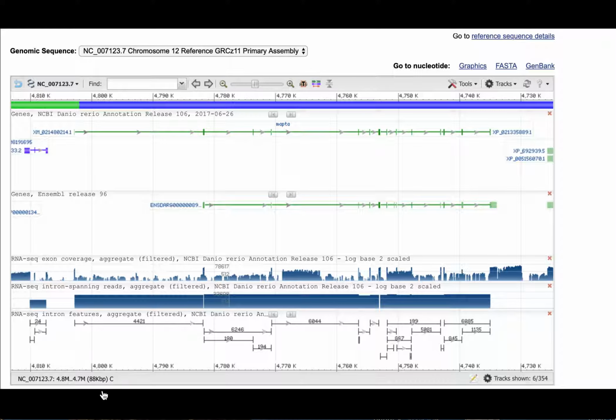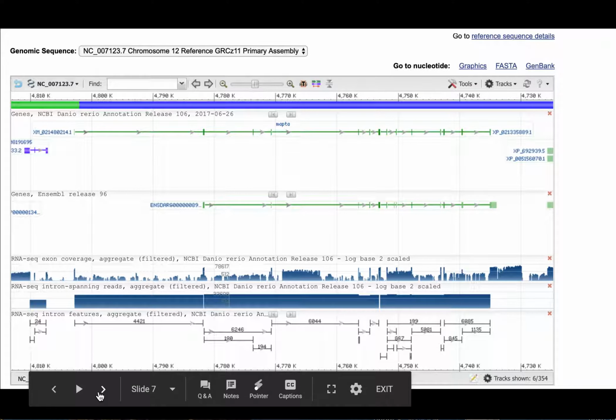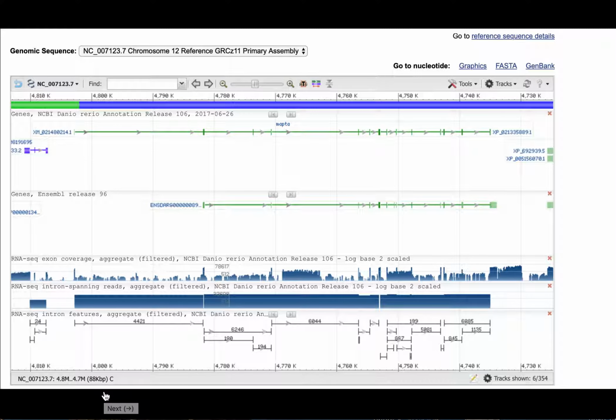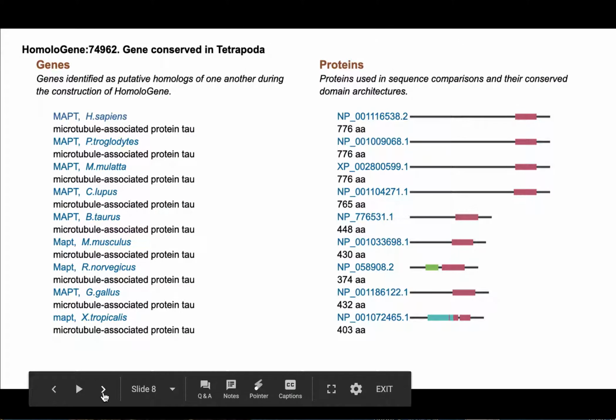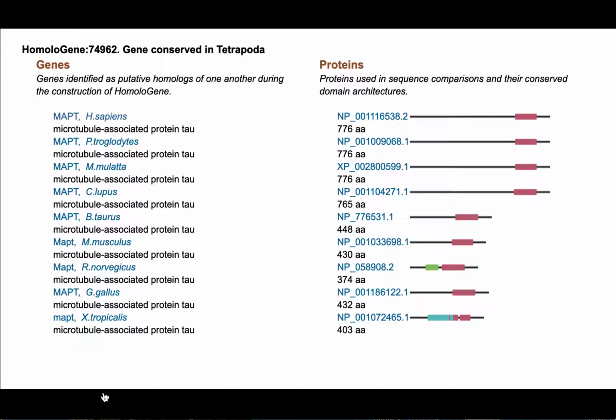There's not a lot of homology within the protein, and so there's really not a lot of this isoform within the protein. And so I went through HomoloGene and looked at what is conserved with this chromosome 17.